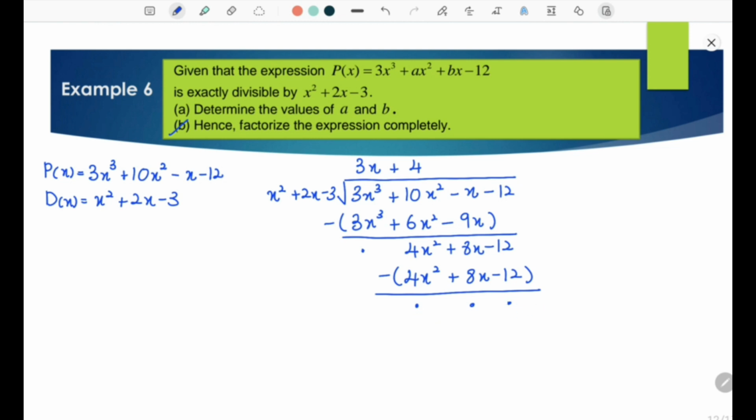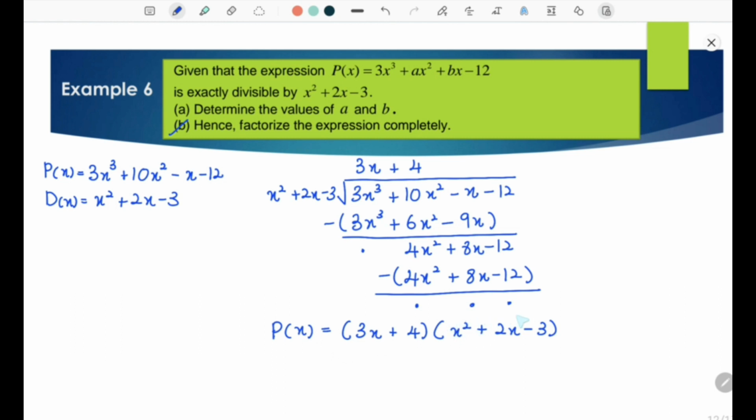Now you need to write the polynomial in this form, which is P(x) equal to Q(x), which is 3x plus 4, times D(x), the divisor, x squared plus 2x minus 3, plus the remainder, which is plus 0. No need to write that here.